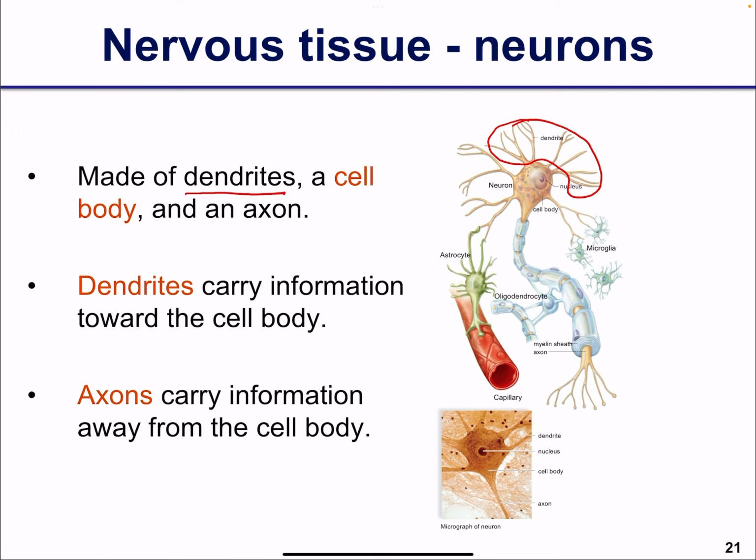Then we have the cell body. That is the central piece right here. And we have the axon that extends out of the body.